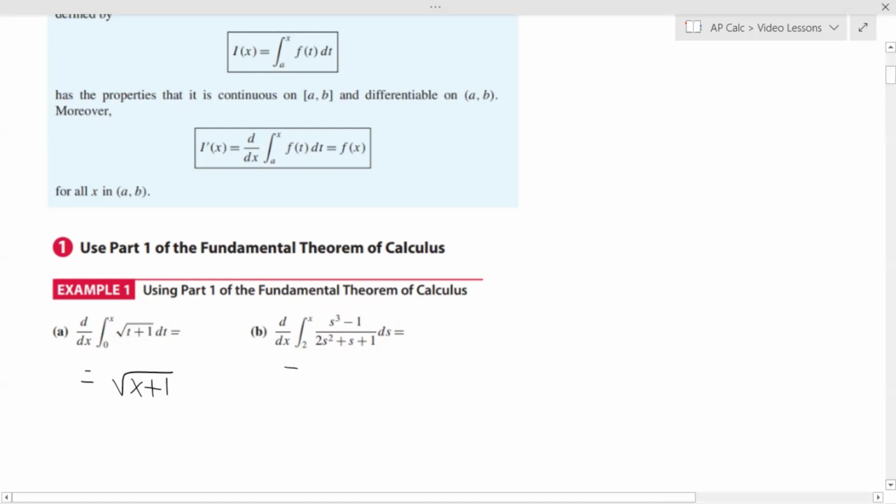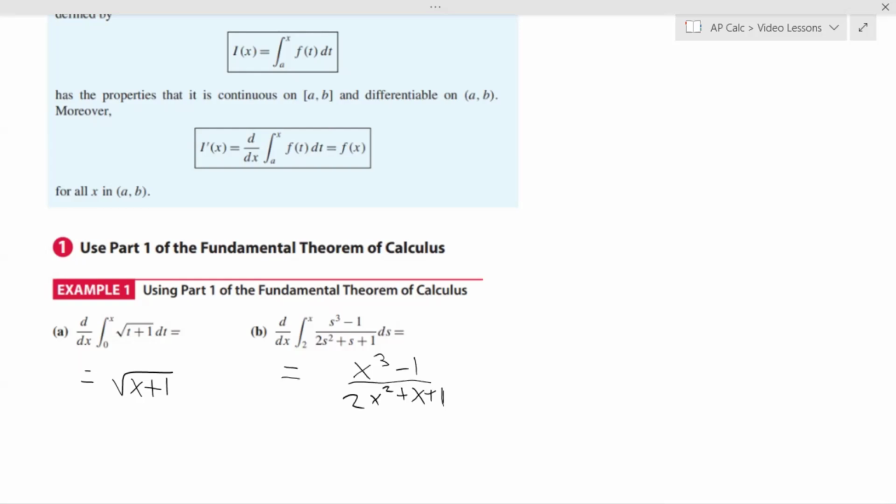Similar with this one, the derivative here is equal to x cubed minus 1 over 2x squared plus x plus 1. The lower limit doesn't really matter because it's not going to affect our answer. If you think about it in terms of antiderivatives, that's going to result in a constant, and when you differentiate it, it's going to go to 0 anyway.